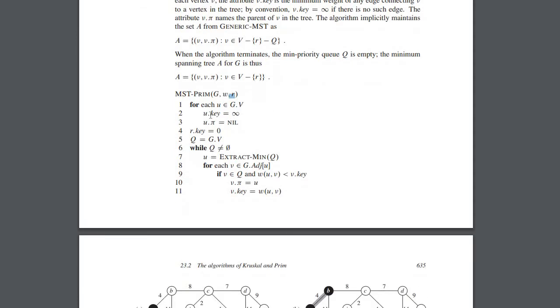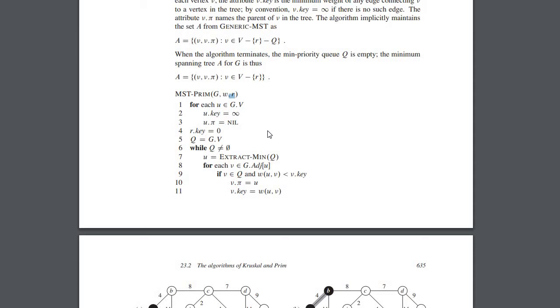So in this algorithm, for each u, where u are basically your vertices because u belongs to the graph vertices, there are two different things: one is u.key, and the other is u.pi.